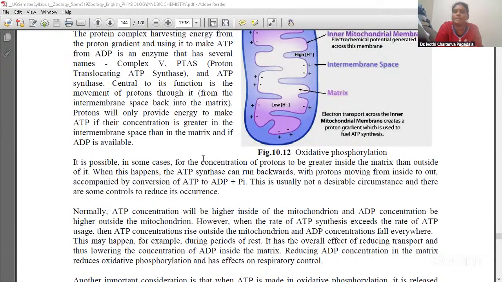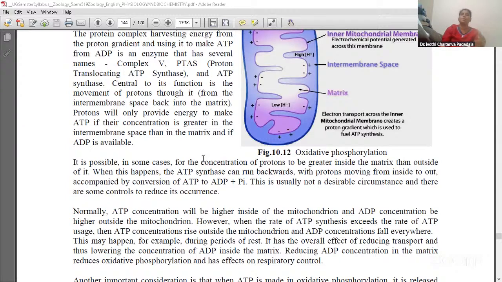When ATP synthesis exceeds the rate of ATP usage, the ATP concentration rises outside the mitochondria and the ADP concentration becomes very low. For example, when the organism is at rest, the overall effect is reduced transport and a lower concentration of ADP inside the matrix.